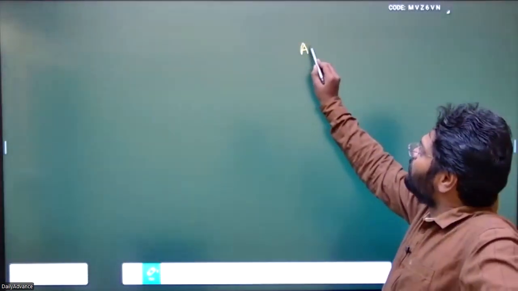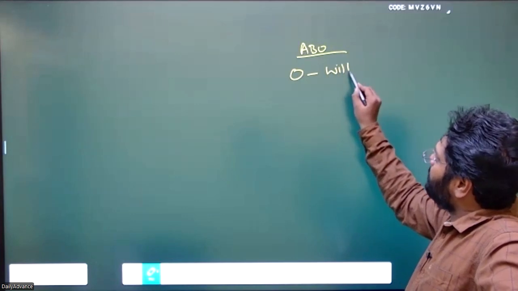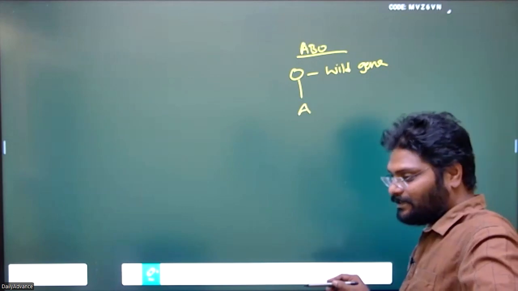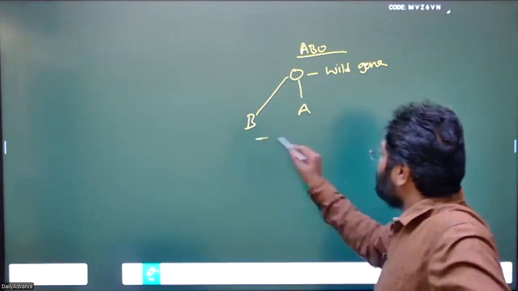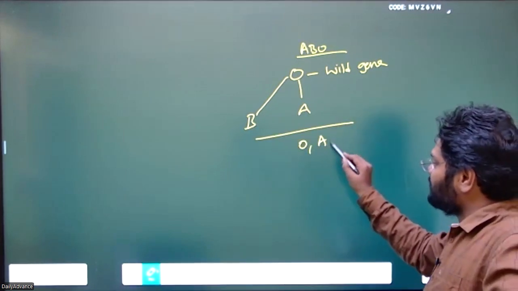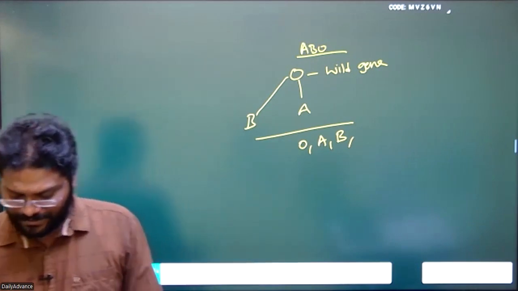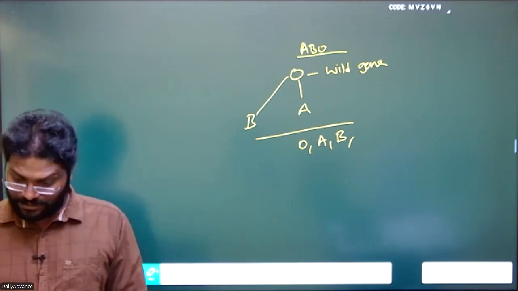When it comes to ABO blood group, O is the wild gene, through which sometimes the A allele comes into being, sometimes the B allele. Now the overall human population has the A allele, B allele, O allele. Without having any advantage, nature never promotes these kinds of new alleles.